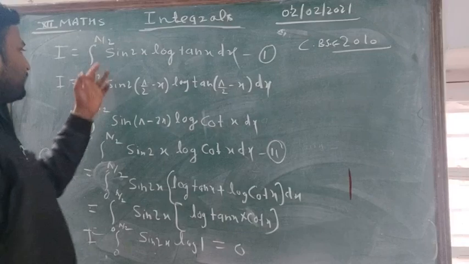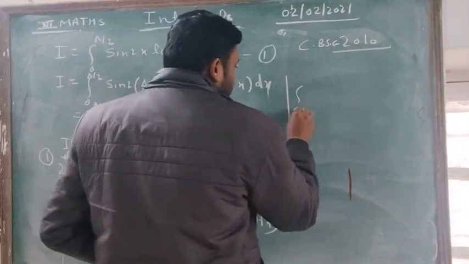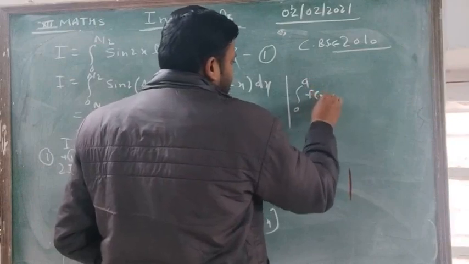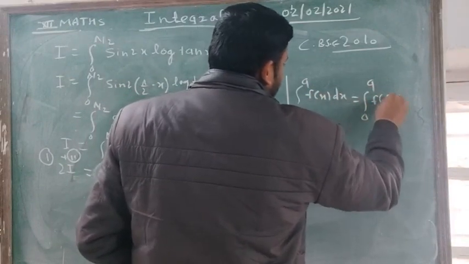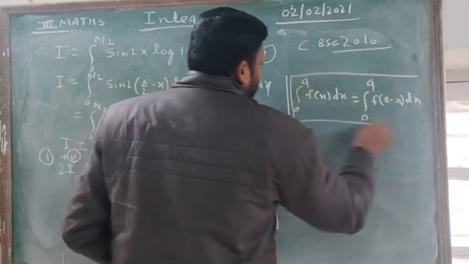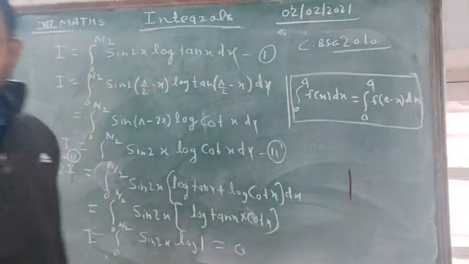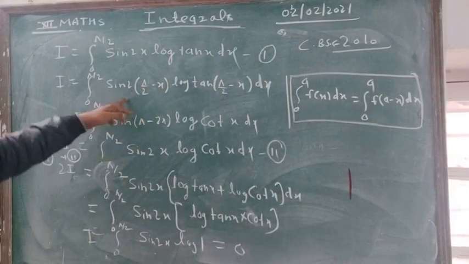So let's see once again: we are using the property that the integral 0 to a of f(x) dx is equal to the integral 0 to a of f(a minus x) dx. This is the property which we are using here.